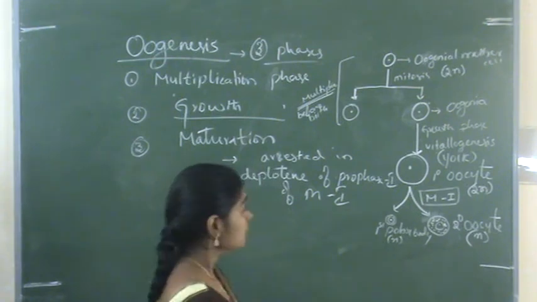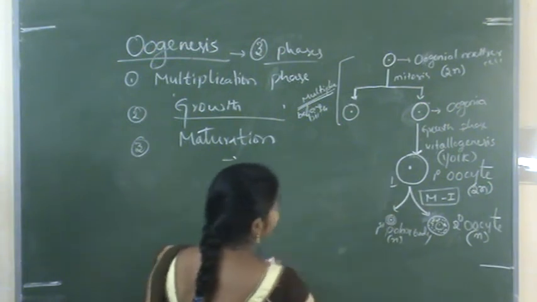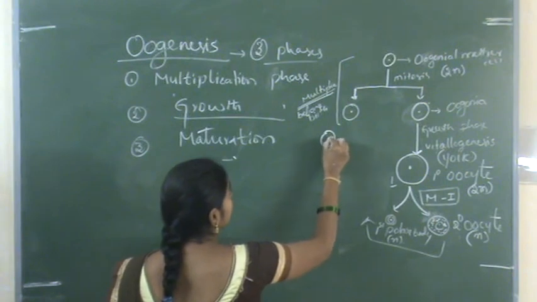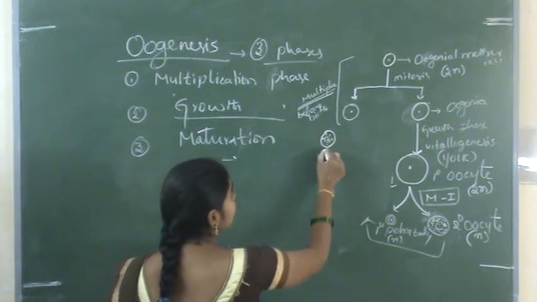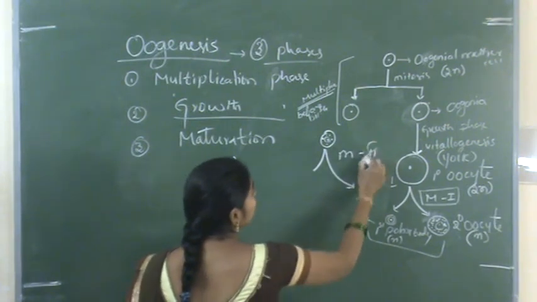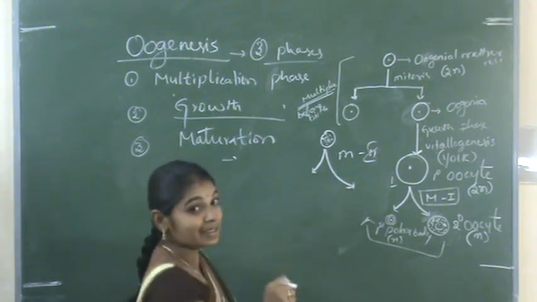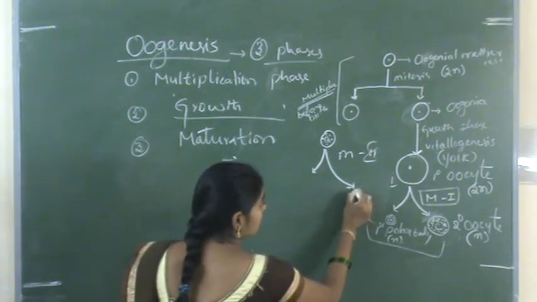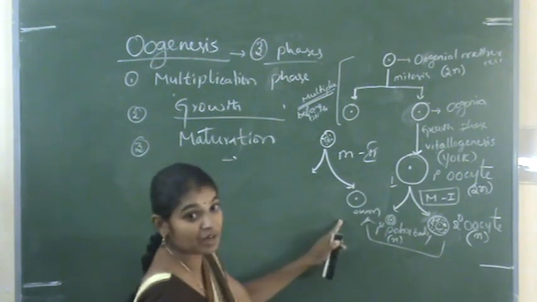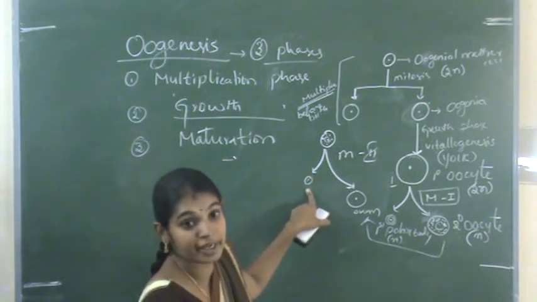secondary oocyte. So then this secondary oocyte again undergoes meiosis 2. As a result of that, the ovum is formed, and again a small tiny polar body is formed.